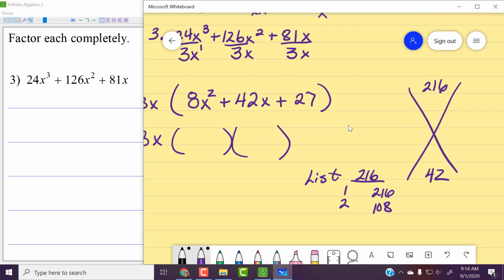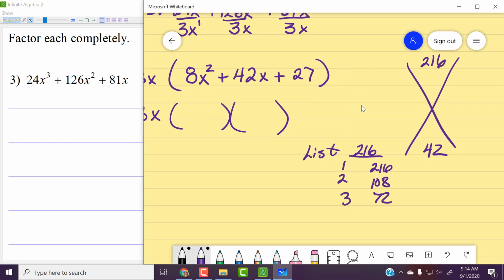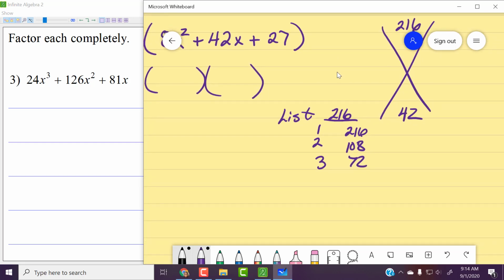Okay, remember I'm looking for 42. Okay, when I add these numbers up, so I'm just reminding you. Okay, looks like I'm getting closer.